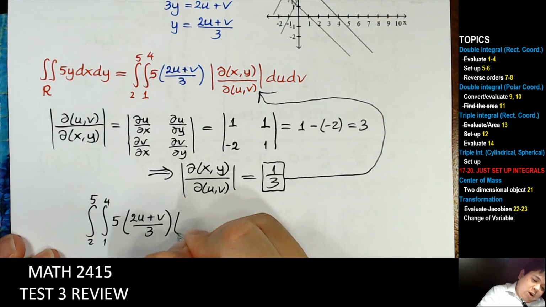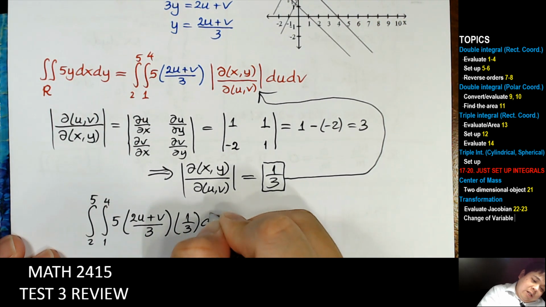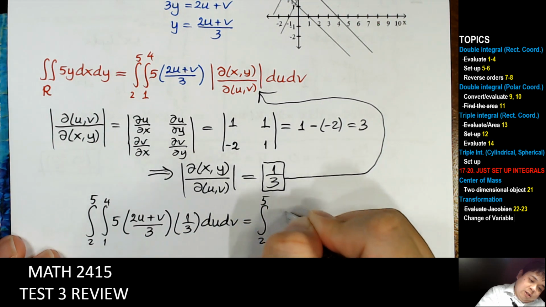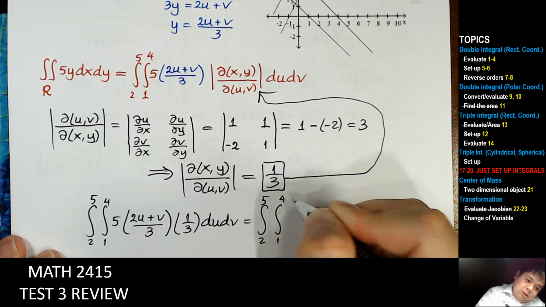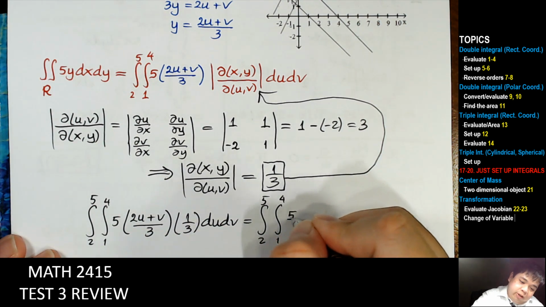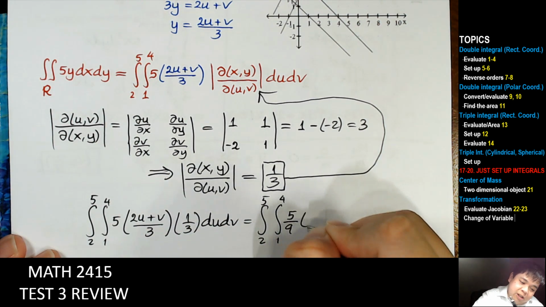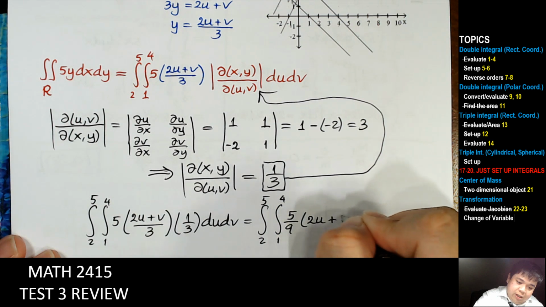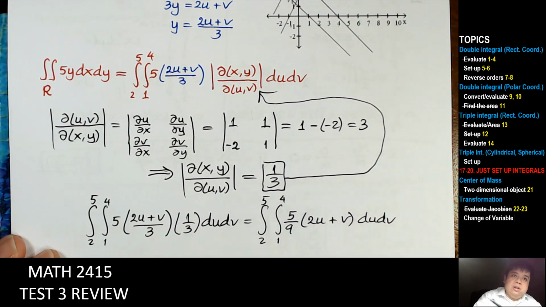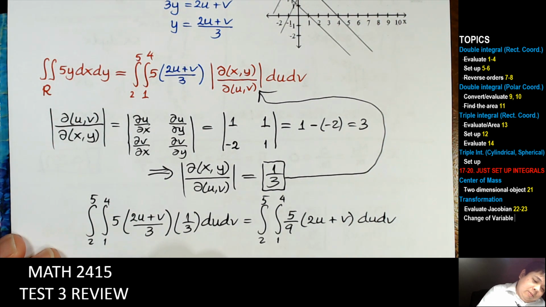The Jacobian is 1/3, du dv. Multiply all the numbers: 5 over 9, 2u plus v, du dv. Right, I'll take the 5 over 9 outside.